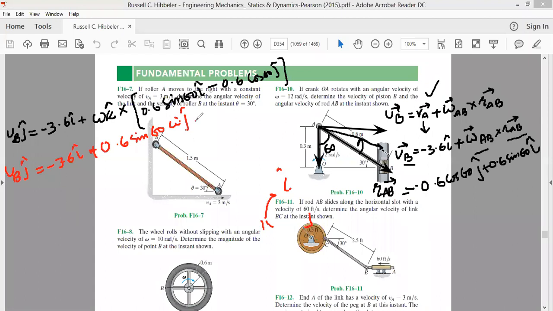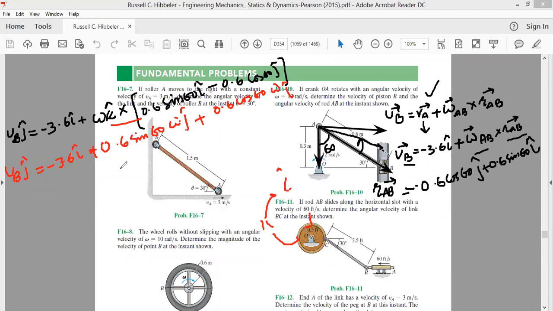In the same way, we will have omega times 0.6 cos 60 multiplied by omega. Then we have k cross j. As far as k cross j is concerned, that's minus i. So minus will be plus i cap.